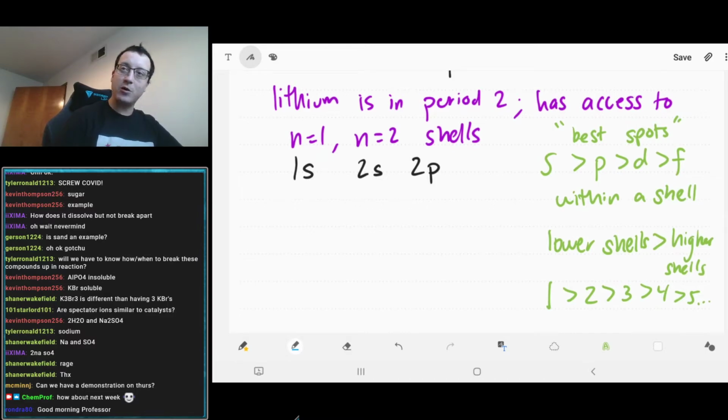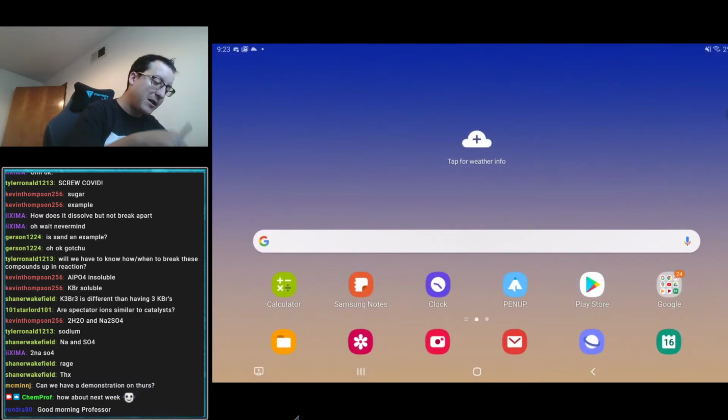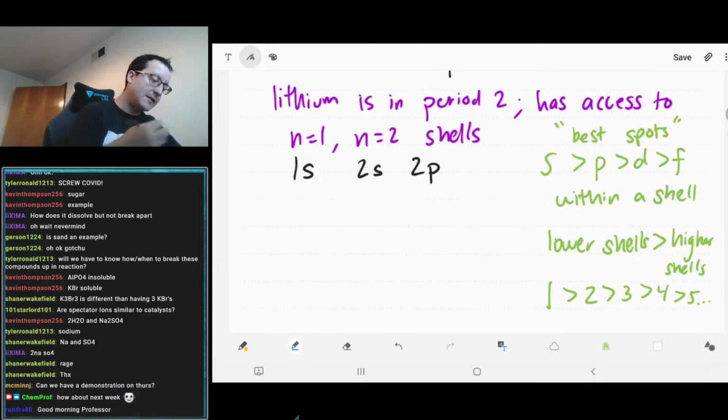We know that s orbitals are more favorable than p, than d, than f. We don't even have d's and f's here, so skip them. Looking at these lower shells, though, we know that 1s is going to be our best place to put electrons. And so let's go ahead and put some electrons in there.